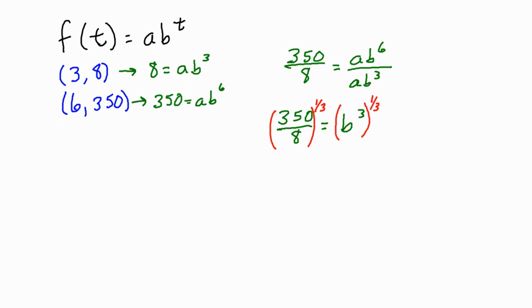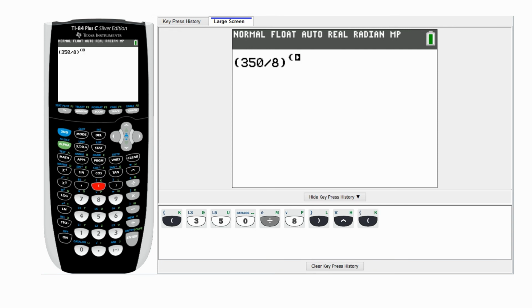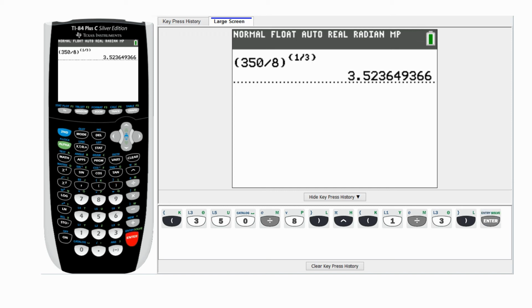And now I'm ready to calculate. Parenthesis, 350 divided by 8, close parenthesis, to the exponent of, open parenthesis, 1 divided by 3, close parenthesis. Enter, and I get 3.523649366. If we can't use our whole answer, you want to round to at least 4 decimal places. You want to have the most accurate answer you can.